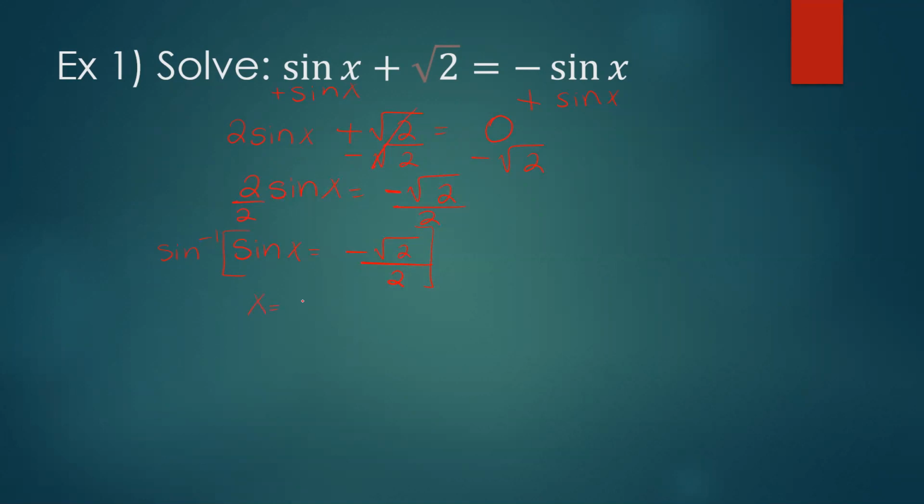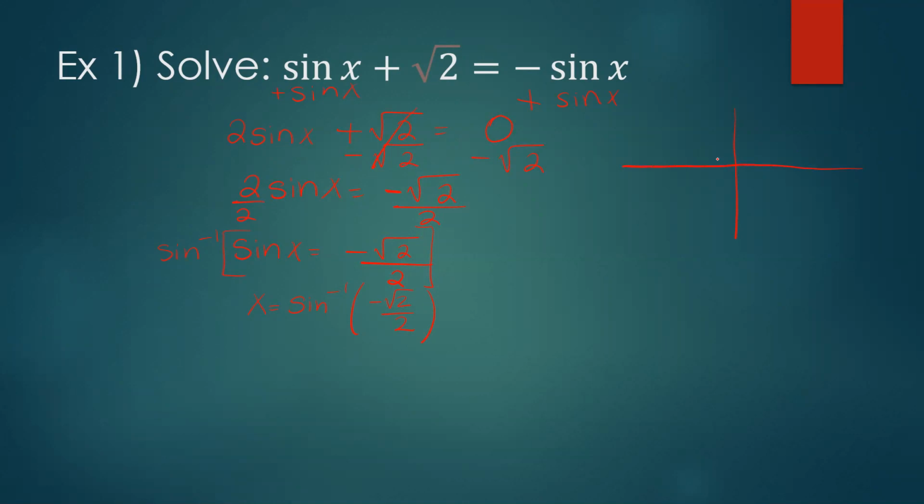On the right side, you're left with sine inverse of negative radical 2 over 2. What they're really asking is what angle, in degrees or radians, gives you a sine of negative radical 2 over 2. So it's good to know your unit circle. Let's do that.